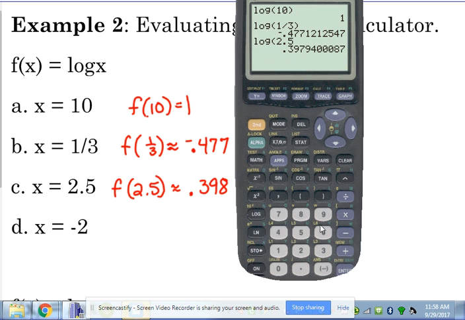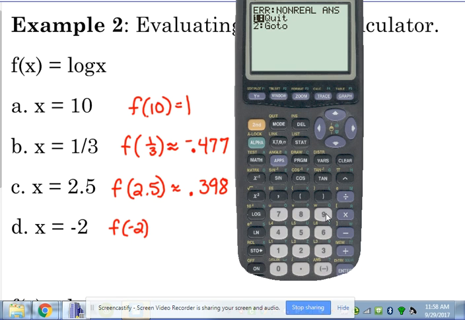And then -2. What happens when we type in -2? We get an error. It says non-real answer. f of -2 is undefined because we cannot take the log of a negative number. Why not?